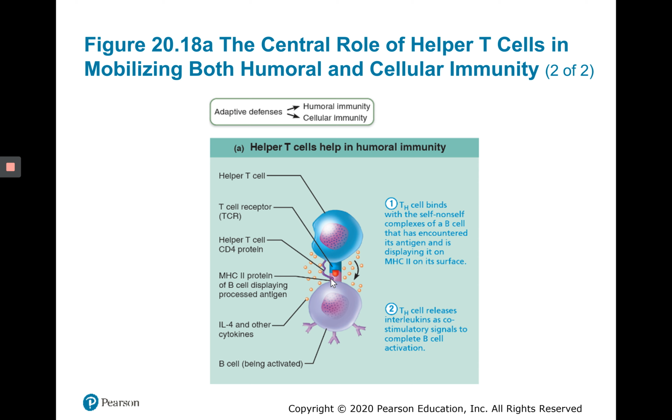And by talking to the T helper, the B cell is getting the release of interleukin 4 and other cytokines. So the release of interleukin 4 and other cytokines by the T helper cell is going to be co-stimulatory in the fact that it's not only going to activate the B cell, but lead to proliferation and differentiation of this cell.